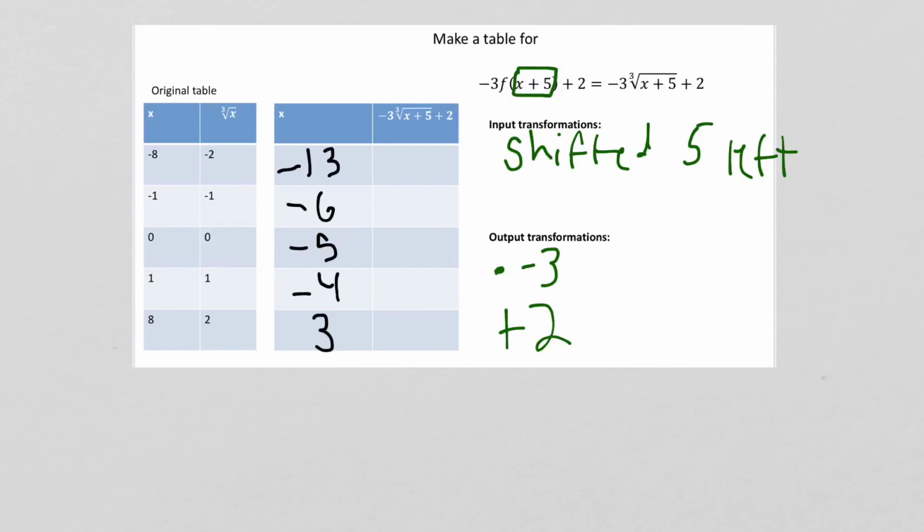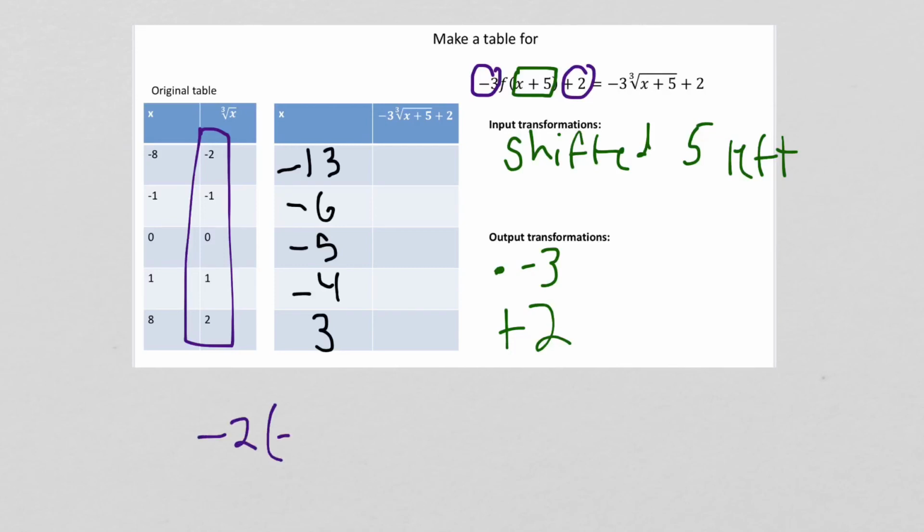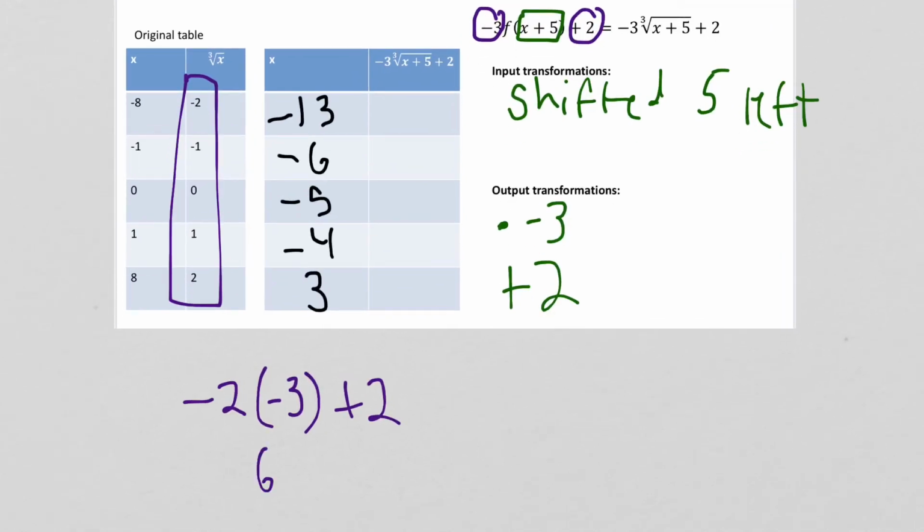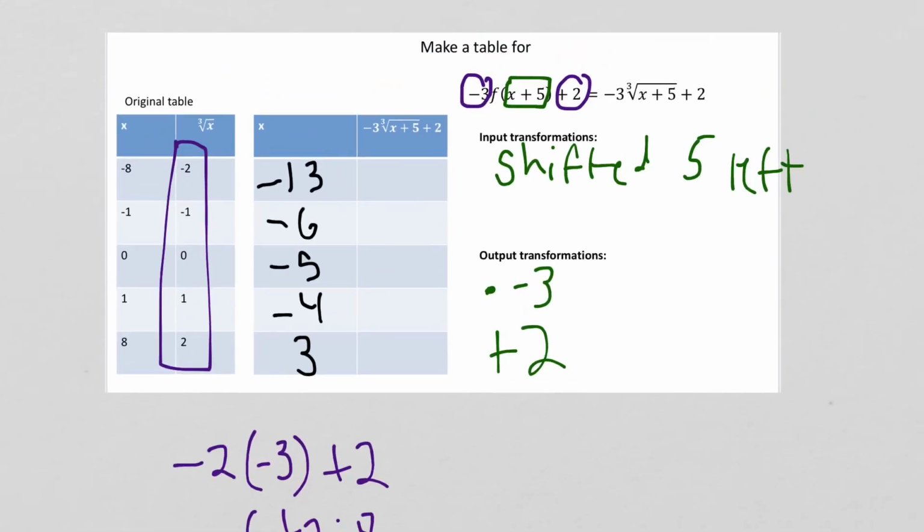Our outputs are here, -2, -1, 0, 1, 2. Okay, we're going to multiply by -3, and we're going to add 2, right? So that output -2, we're going to multiply by -3, and then we're going to add 2. So what's -2 times -3? That's 6 plus 2, that's equal to 8. So our new output up here is going to be 8.